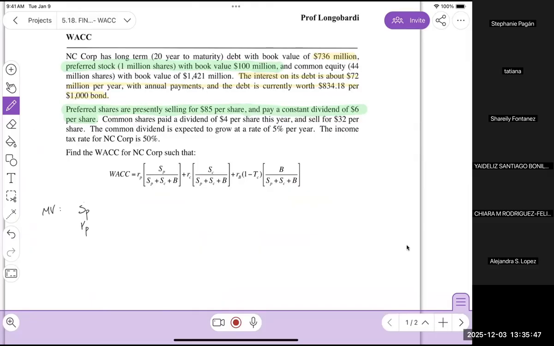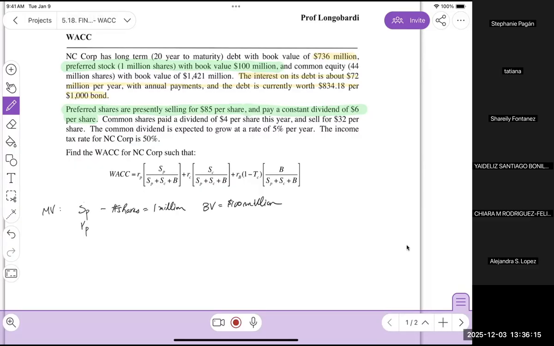All right, so we have in green that the book value, okay, there's 1 million shares, that's helpful. So number of shares is equal to 1 million with a book value of 100 million. And common equity, we're going to skip that for now.